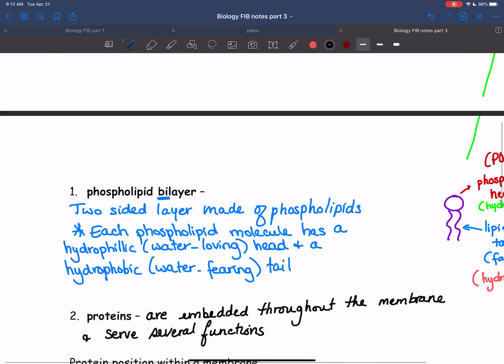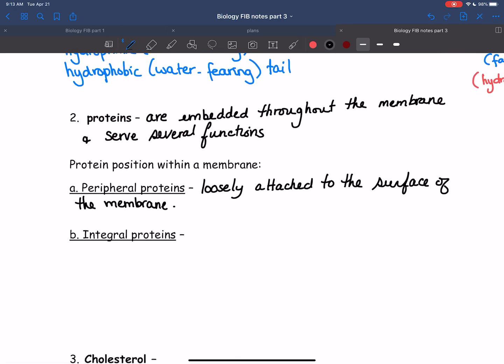Okay. So we say here they can be found on either side of the cell membrane. And a lot of times they will serve as markers for recognition. So when cells have to recognize other cells.